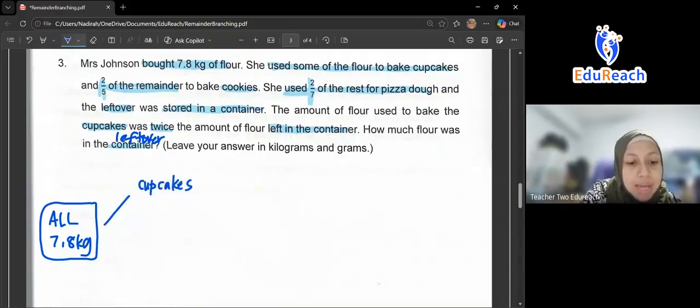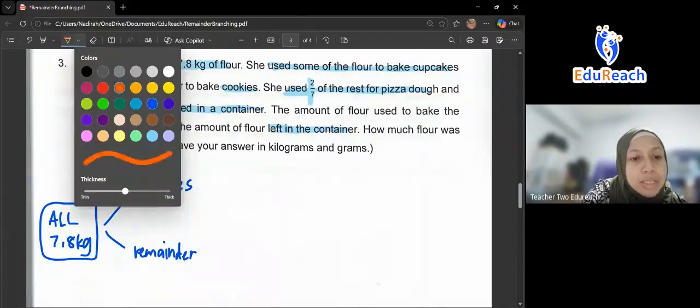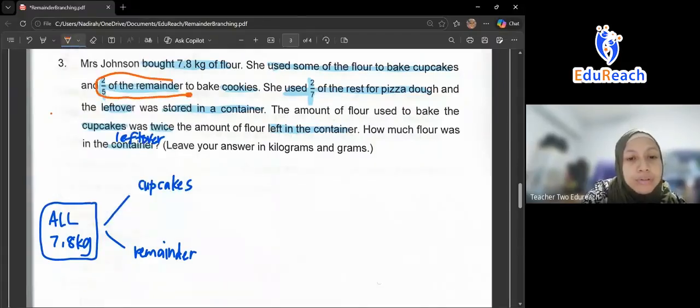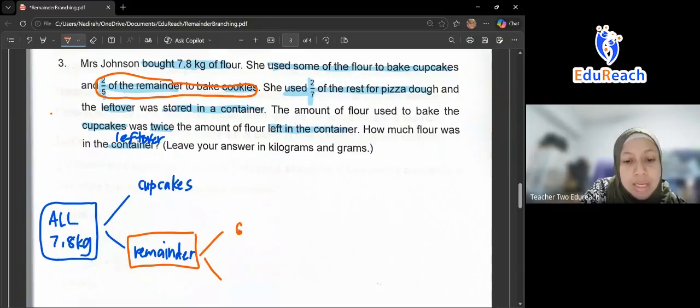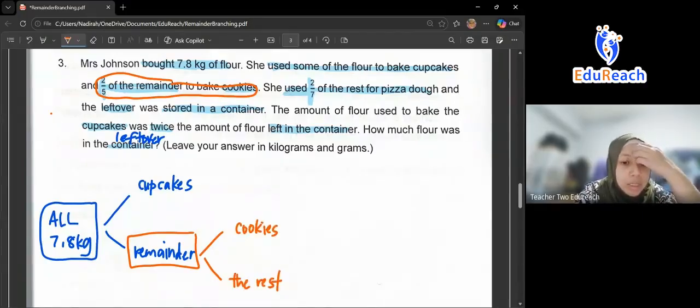And then you will have some remainder after making the cupcakes. Now, out of the remainder, she used 2/5 of the remainder to bake cookies. So this is my starting point, and I branch out to cookies, and there's the rest. Okay, the fraction she used for cookies is 2 out of 5.